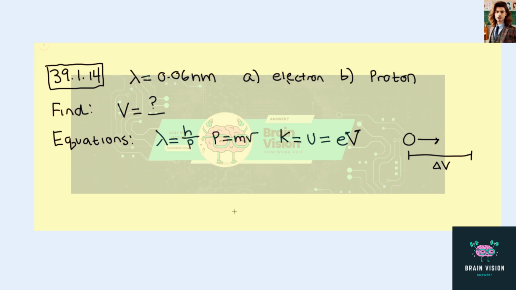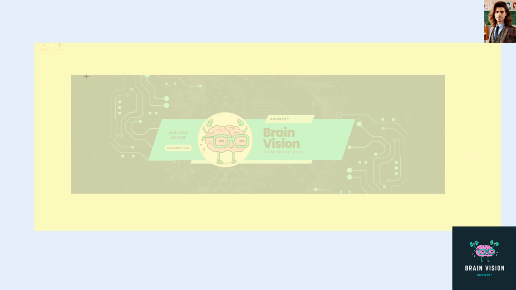Okay, so let's jump into it. To start off, we can say lambda equals h over p, which is equivalent to h over mv. So we need to find the velocity of these particles being accelerated through a potential difference by noting that the kinetic energy will be the same as the potential that it gains, which is the charge times the electric potential difference.